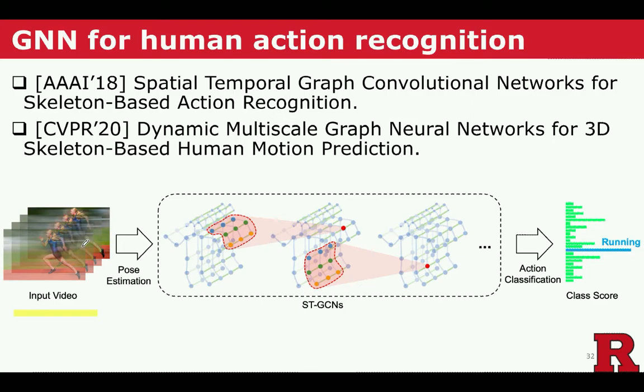Researchers have approached this task with GNNs, for example, the authors of these two papers. They first estimate the human pose in every frame. After you estimate the human pose, you basically get a skeleton graph like this. So considering the temporal domain, you get a temporal skeleton graph.